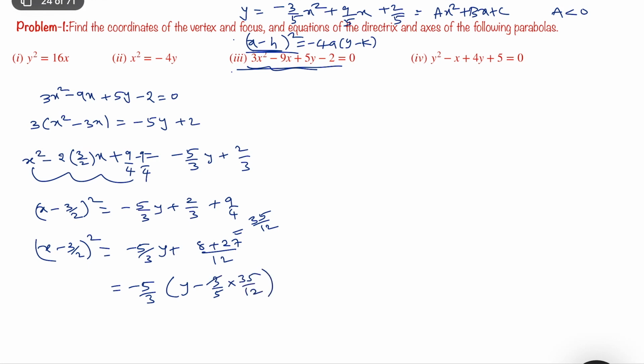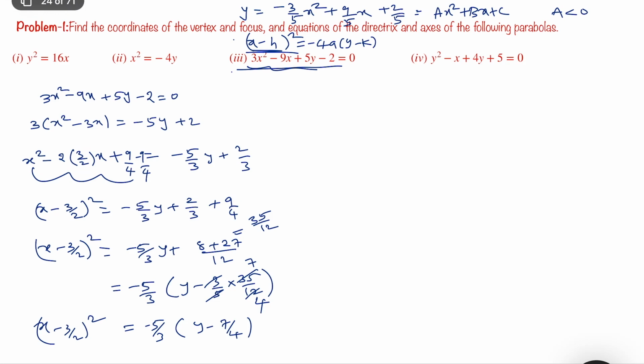So here 3 and 12 we got a 4, 5 and 35 we got a 7. So we have here minus 5 by 3 times y minus 7 by 4. Okay, so x minus 3 by 2 whole square equal to, we got this. So I want to write like this: x minus h whole square equal to minus 4a times y minus k, for some choice of a, h, k.